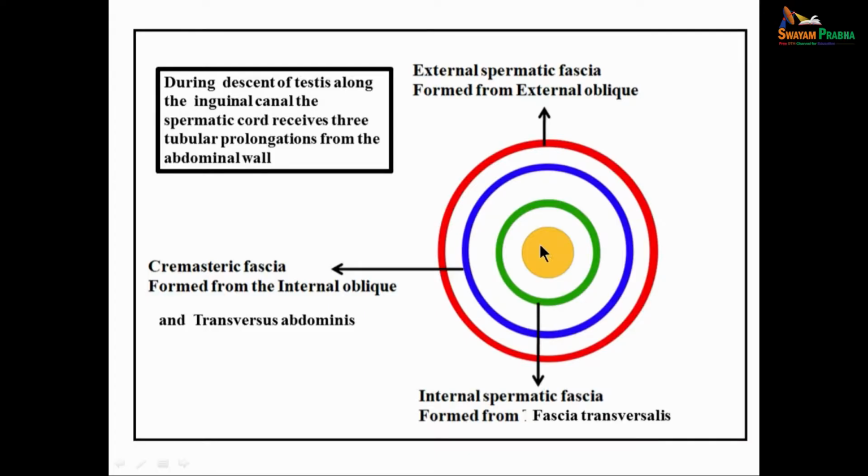Let us take this as the spermatic cord. These are the three coverings. The outermost is the external spermatic fascia, which is formed from the external oblique aponeurosis. Then in the middle we have the cremasteric fascia, which is derived from the internal oblique and transversus abdominis, and the internal spermatic fascia, which is formed from the fascia transversalis. So, these are the three coverings of the spermatic cord.